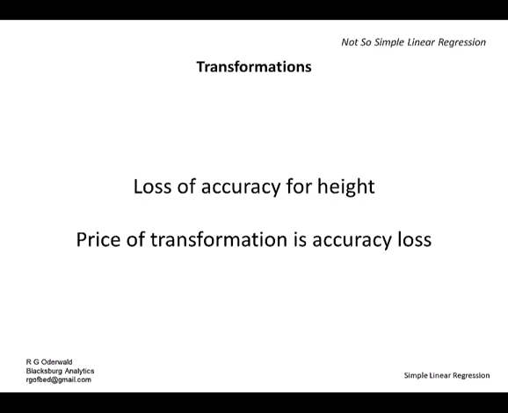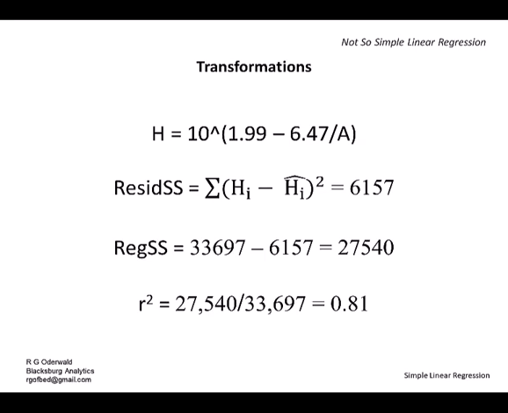Since the prediction is for the log of height, the accuracy of a height prediction is decreased. We are able to use a simple linear regression, but at a price. This can be shown by finding the actual predicted height h for each tree using the transformed height prediction. The calculated residual sum of squares for height is 6,157.